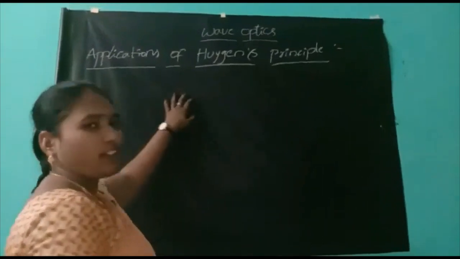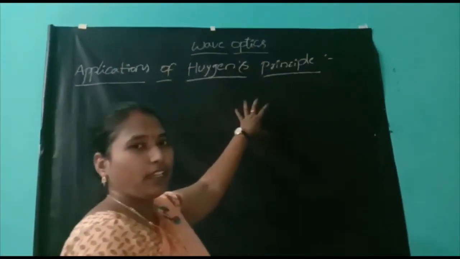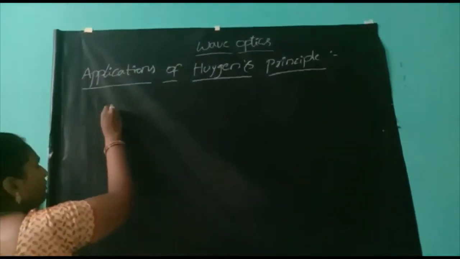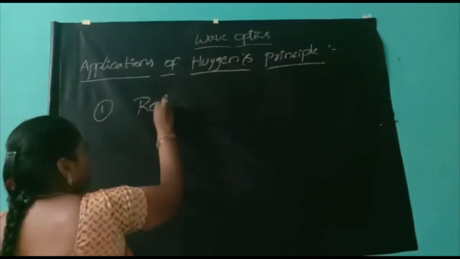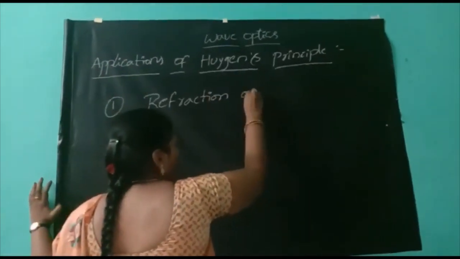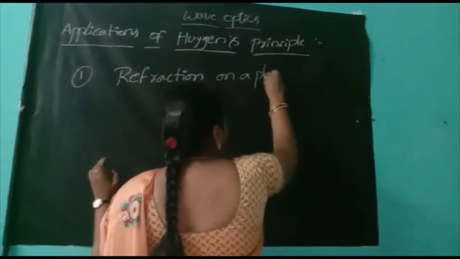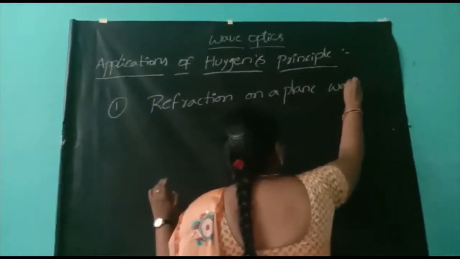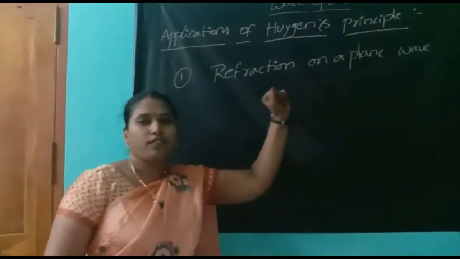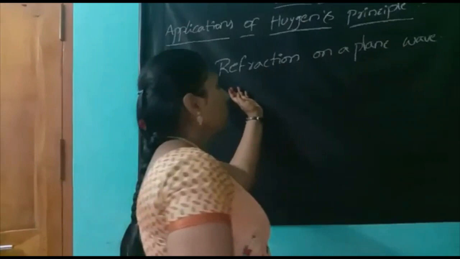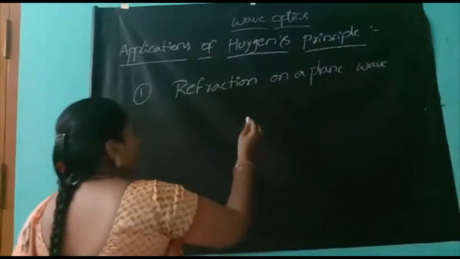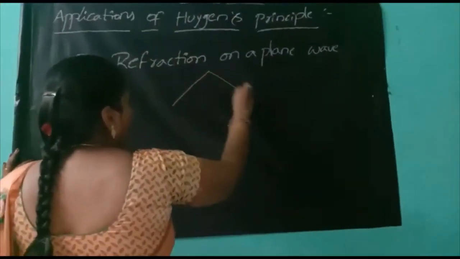Huygens principle has different applications in the propagation of light. First application, diffraction of light on a plane wave. Diffraction of light on a plane wave is divided into two parts.